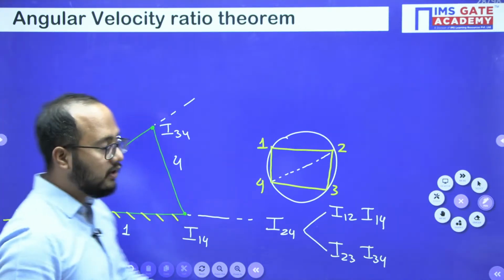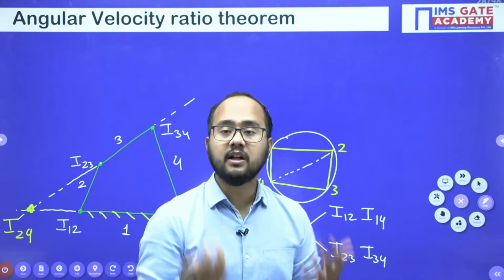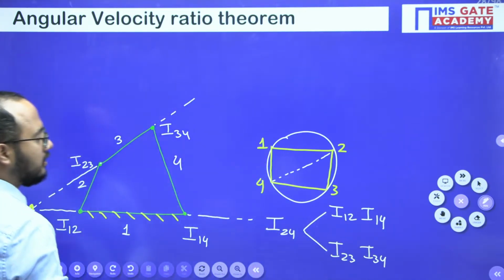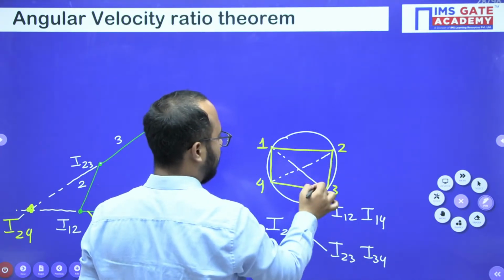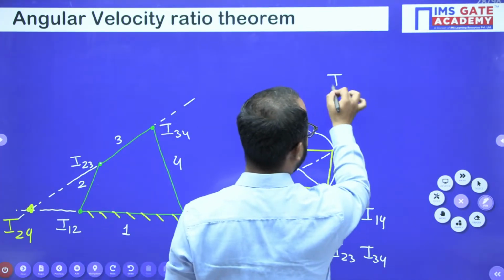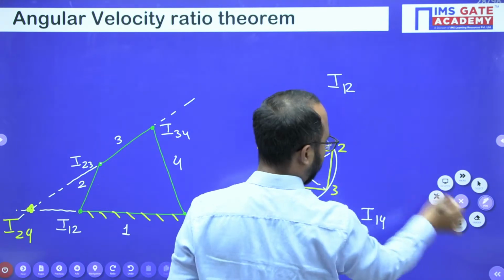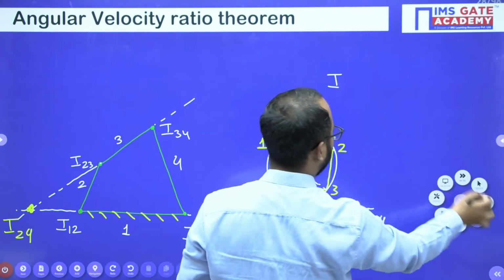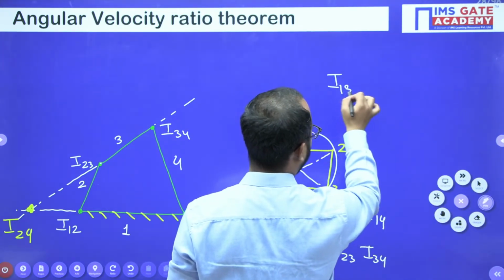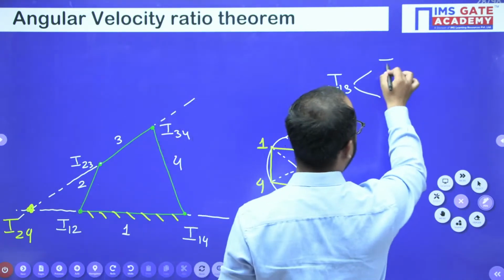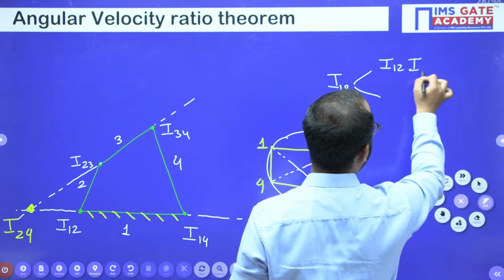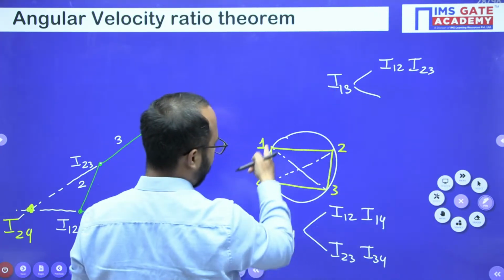Right? Now what about 1, 3? Everyone, please tell me. In order to go from 1 to 3, what will you do here? Simply you will say, sir, from 1 to 3, I can use two different ways, 1 to 2 and 2 to 3, and I can use 1, 4 and 3, 4.